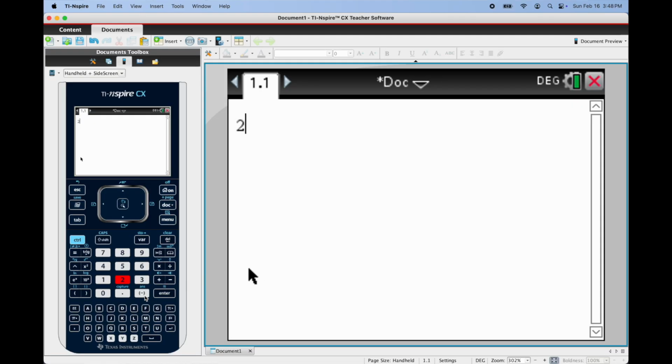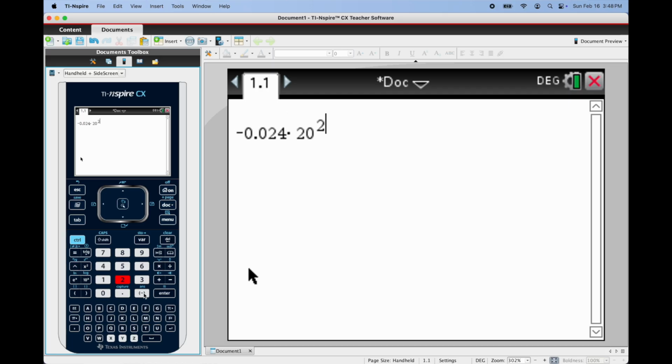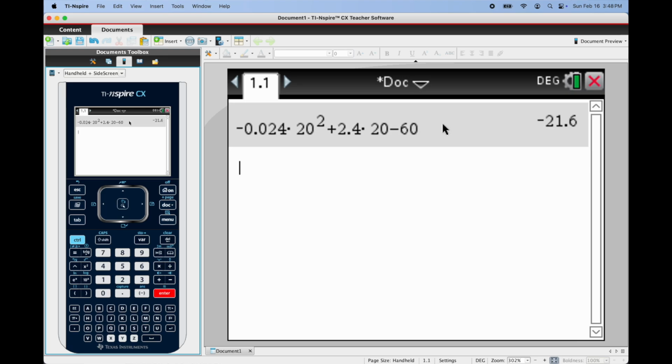I typed in negative on the computer, but let's use it on the calculator. Times 20 squared plus 2.4 times 20 minus 60. Okay, make sure everything's good. All right. So the answer in the end is negative 21.6.